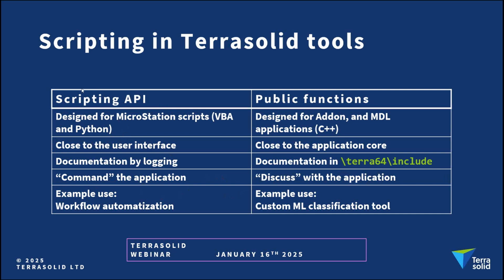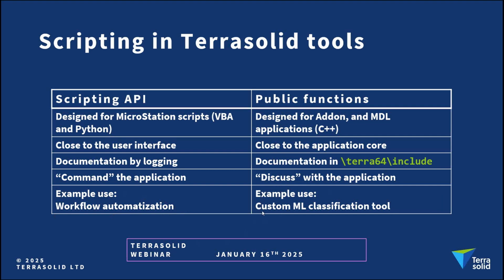So with scripting API, the common use case could probably be some workflow automatization. We can run some workflow pressing single button when we have prepared it into a script. And then with public functions we can do the same, but we could also embed something of our own into the software.